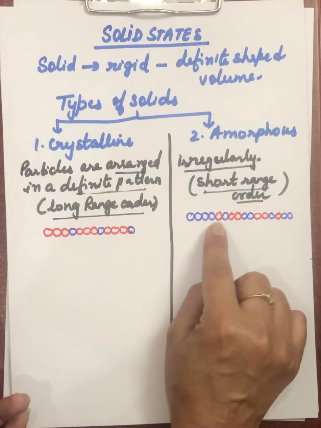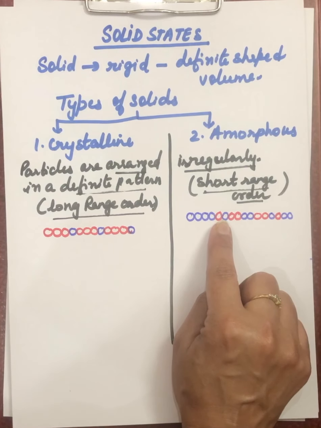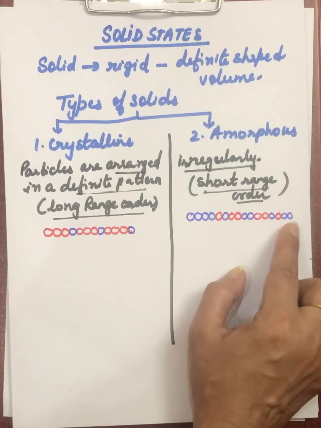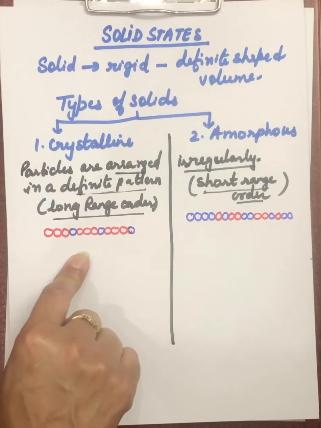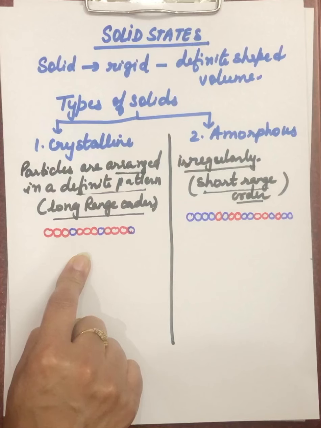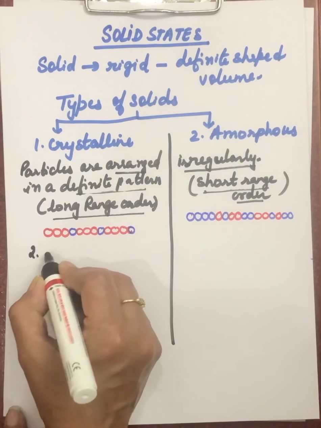So the arrangement is a short range order. The order will be followed only till some part. After that it will become irregular. So these are amorphous solids, and if we have this kind of arrangement in particles, then these solids are called crystalline solids. Next property of crystalline solids is they have sharp melting points.